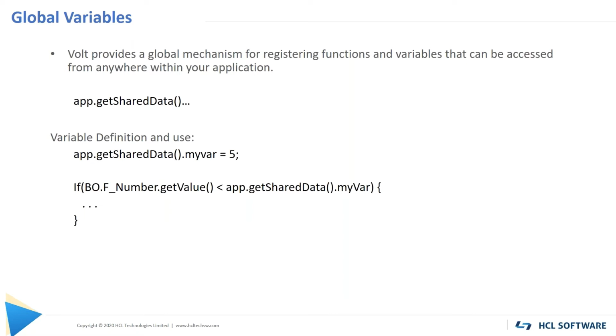It's not going to be available, like if I defined it in the on item change of a specific field, that's not going to be available in the on item change of another field. So get used to using global variables when you need to make sure that a variable is available within another scope.